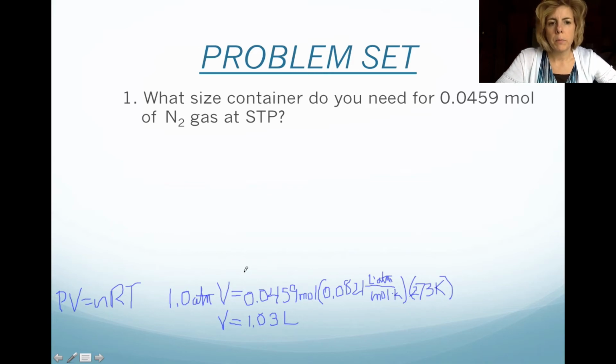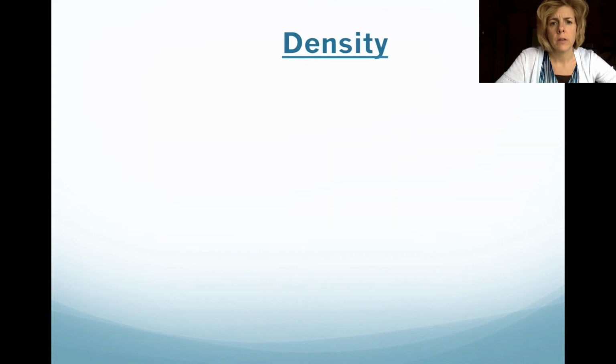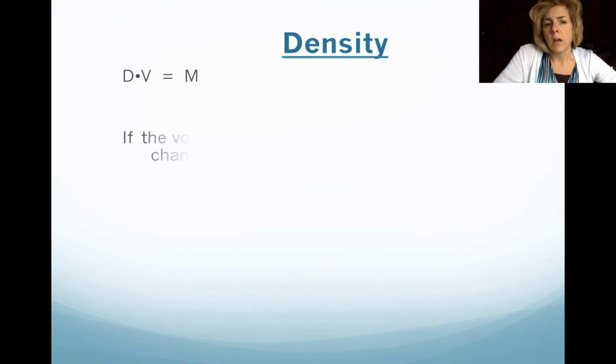Okay, I want you to practice using this problem, and we'll do it in class. Notice that you're looking at grams, okay? So you should be solving for moles, and then once you get that, you should be able to convert it to grams. Okay, so density. Density times V equals molar mass.